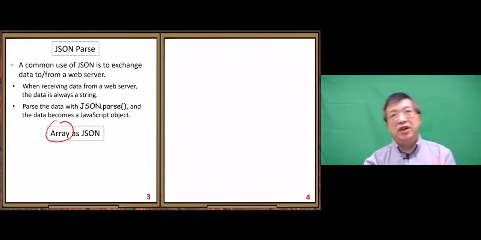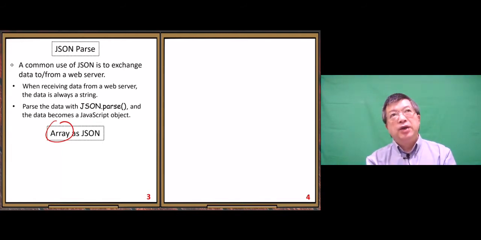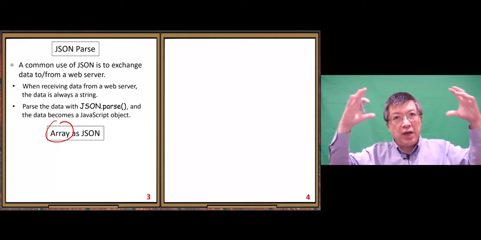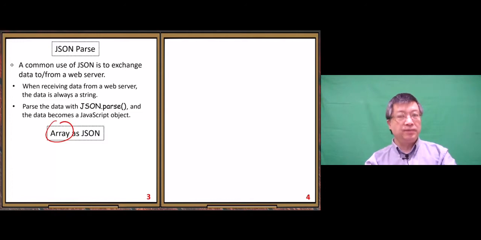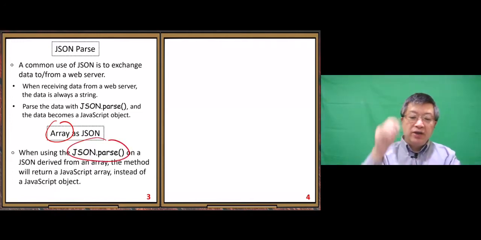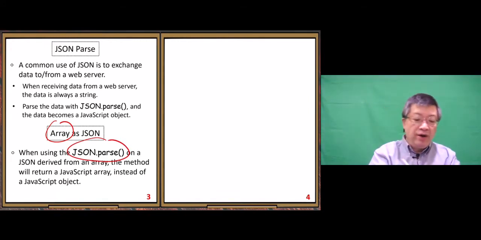So it is not that one particular JSON property value is an array. The whole JSON object together is an array. In this case, we can still use JSON.parse to do the conversion, but the result is a JavaScript array.